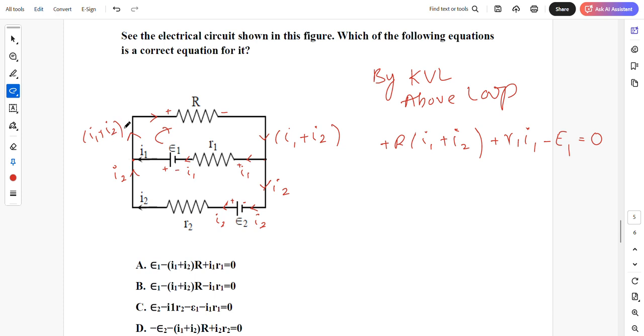See, I have taken only the upper part of the loop of this whole circuit.